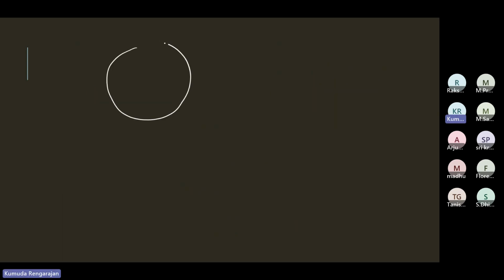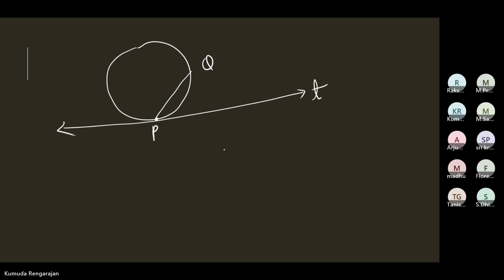Requirements: circle, chord, one endpoint of the chord, and a tangent through that point. This is the angle between the chord and the tangent in the minor segment.